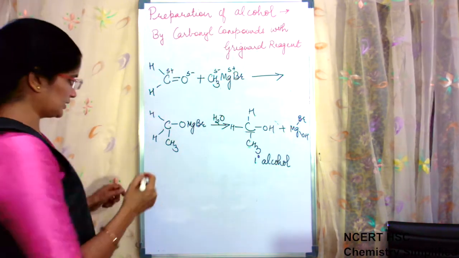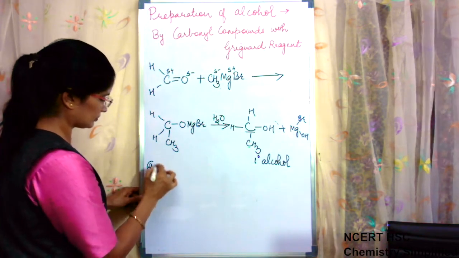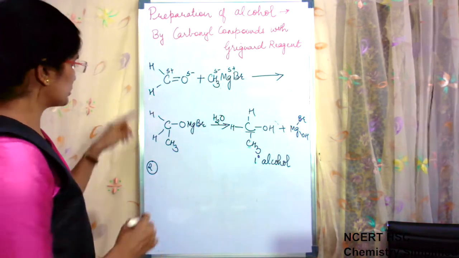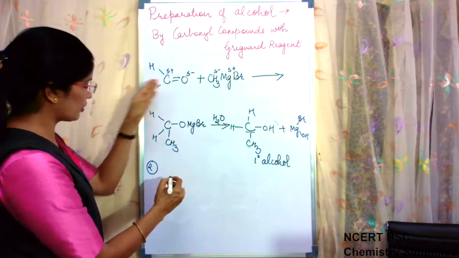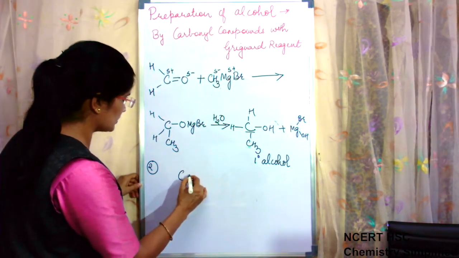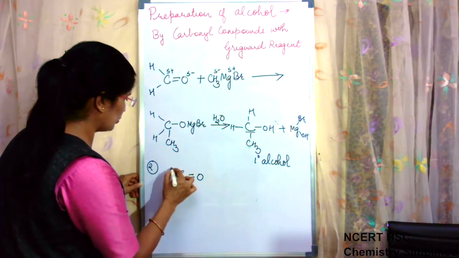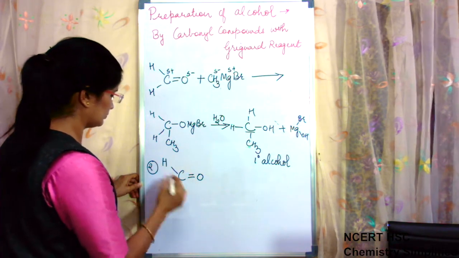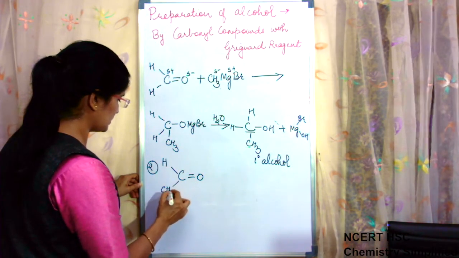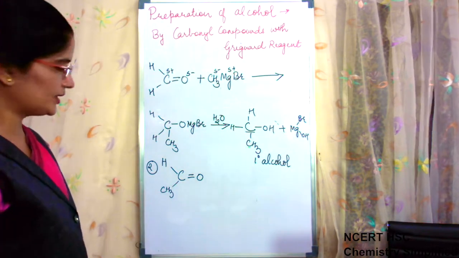Now we will see another reaction in which instead of formaldehyde we are using C double bond O, CH3, H. Acetaldehyde we are using.